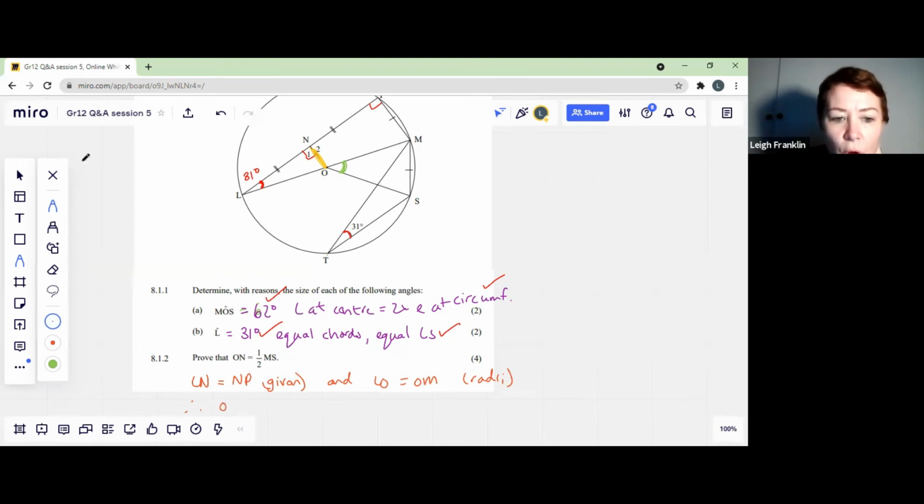Therefore, ON is half PM, midpoint theorem.